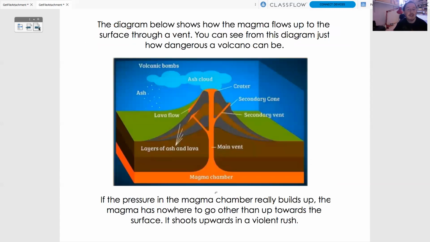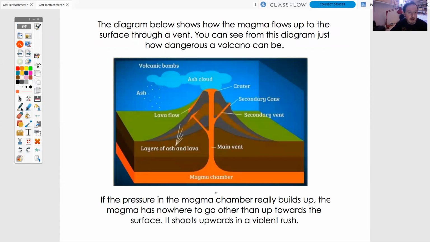let's look at a diagram so we can see what's happening. This shows how the magma flows up to the surface through what we call a vent. So you can see from this diagram just how dangerous a volcano can be. Let's have a look. I might draw a little bit here. We can see the magma chamber down the bottom, and we can see this line called the main vent where the magma is pushed upwards.